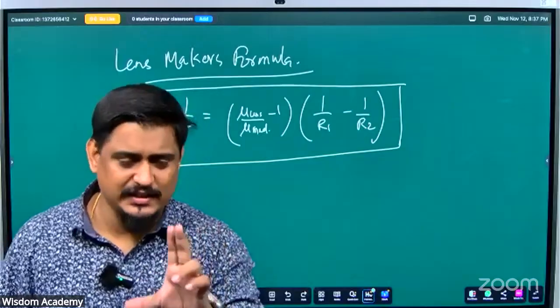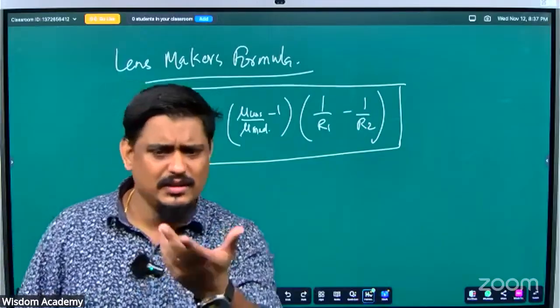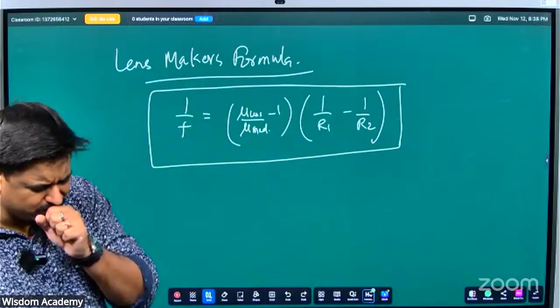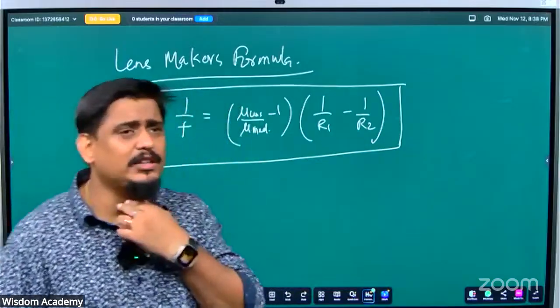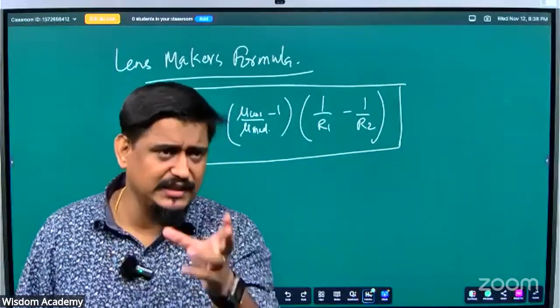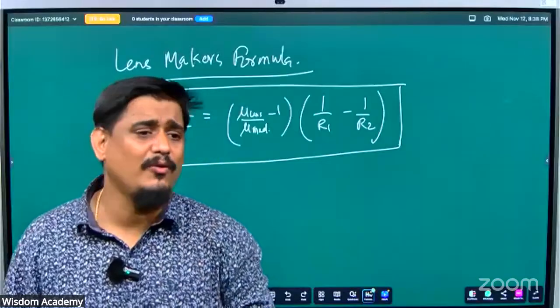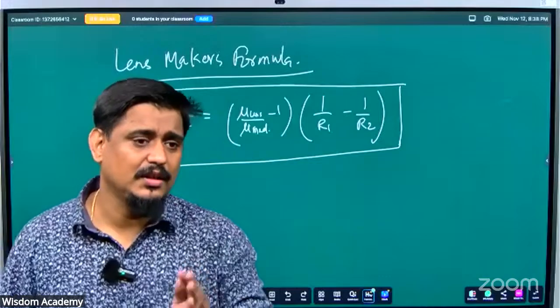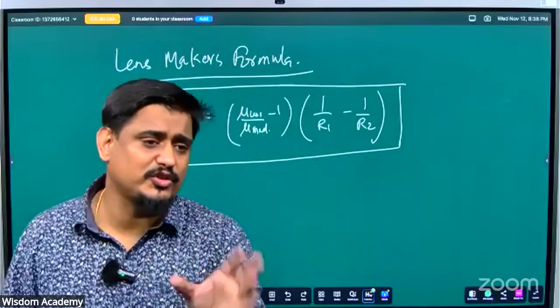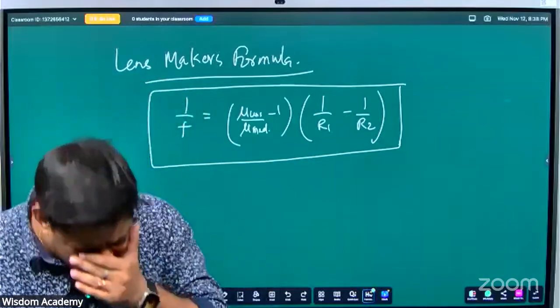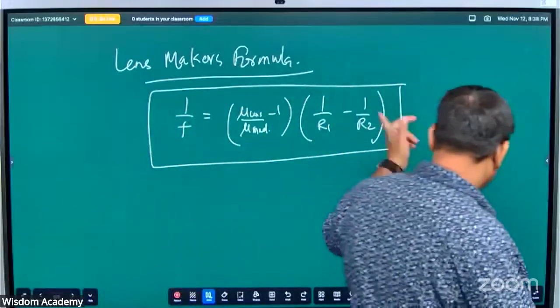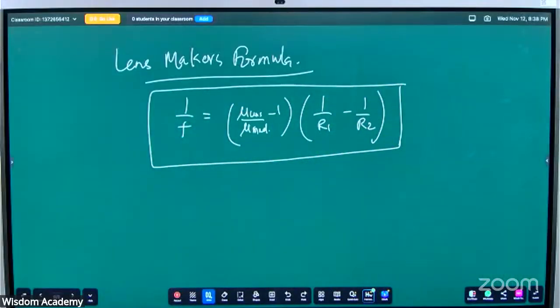If there is a lens having a focal length of, suppose, 20 centimeter, how will its focal length change if this lens is immersed in a liquid of refractive index so and so? If that is given, you have to use the formula.